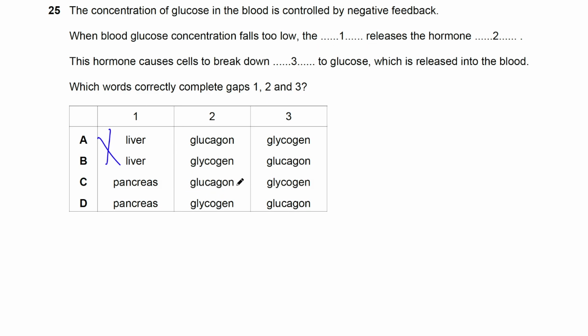And it's glucagon, not glycogen. Glycogen is not a hormone. And moving to number 3, breaking down glycogen, sure, to release glucose, and by this way we will increase the blood sugar. So the right answer here is C, not A, B, or D.